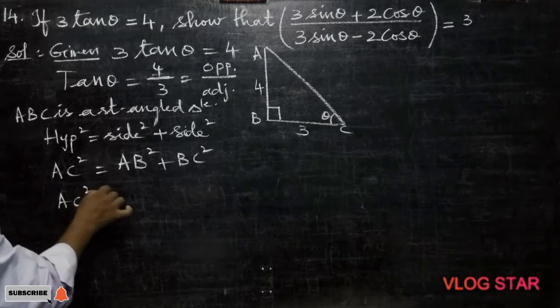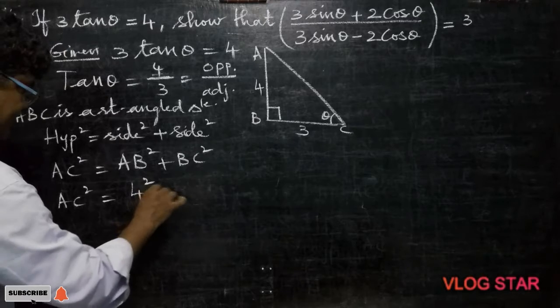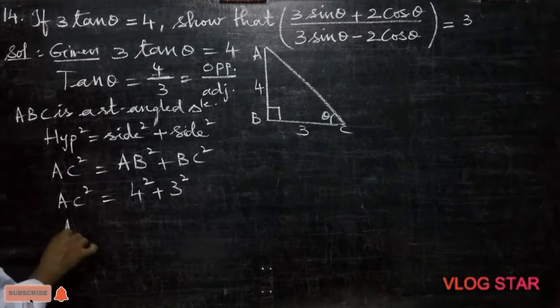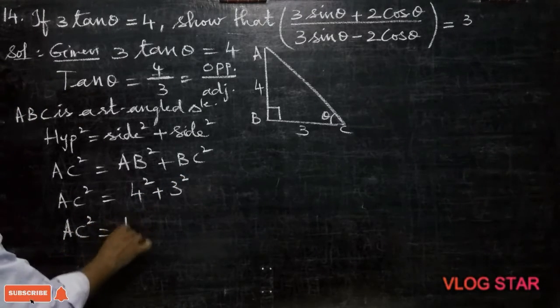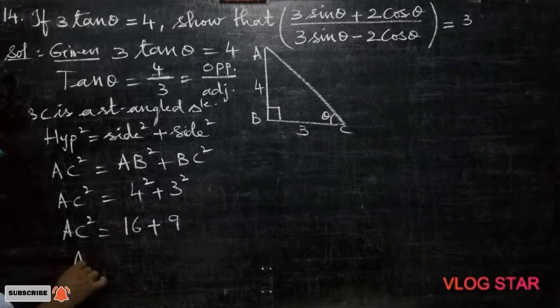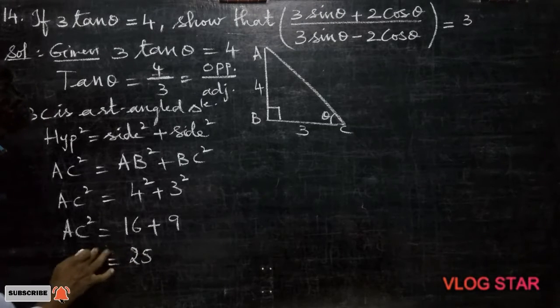AC we don't know, so AC square only. AB is 4, so 4 square plus 3 square. Now AC square is equal to 4 4s are 16 plus 3 3s are 9. AC square is equal to 25.